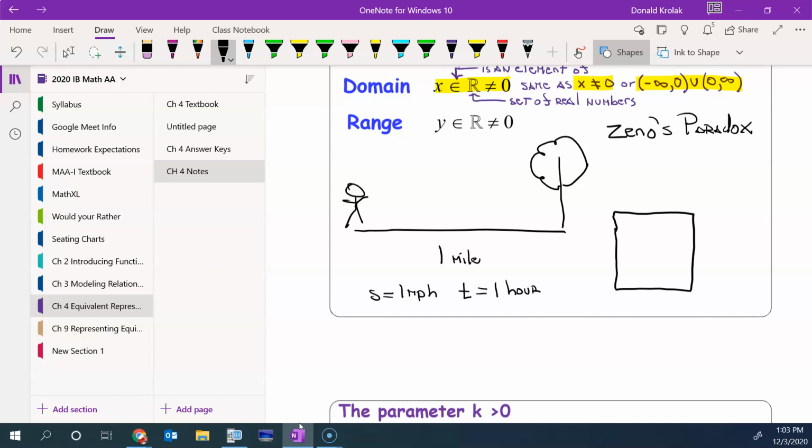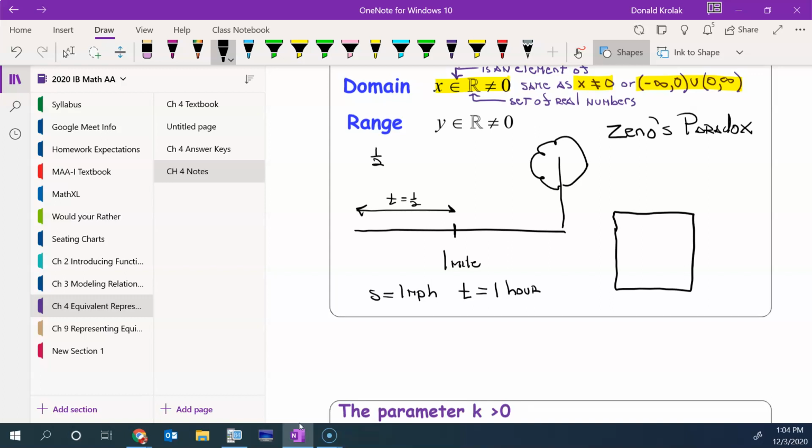Now, here's what Zeno is saying. If I walk to the park and it's 1 mile away, the time to reach halfway is going to be half of whatever this time was, half of an hour, right?